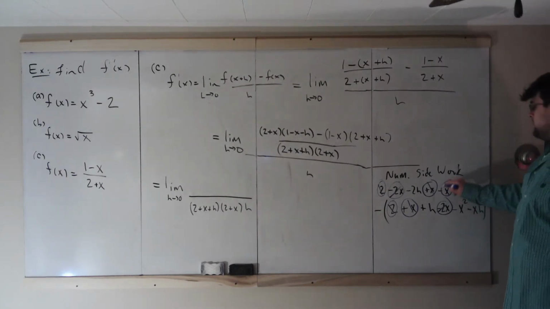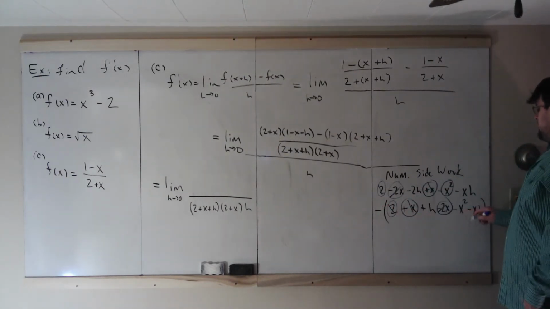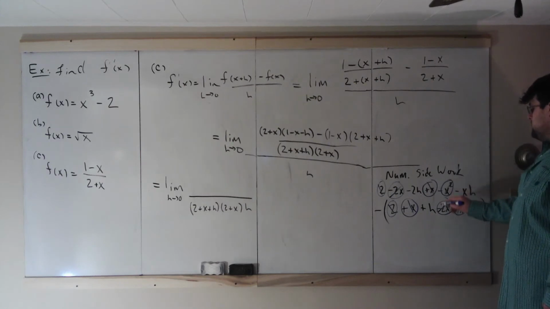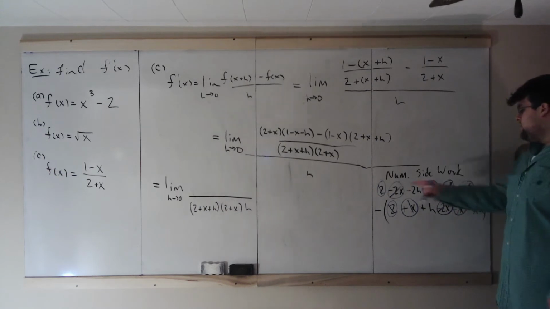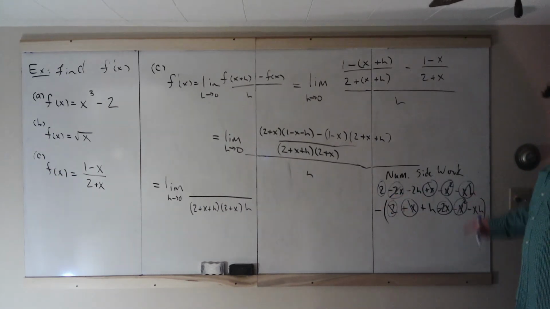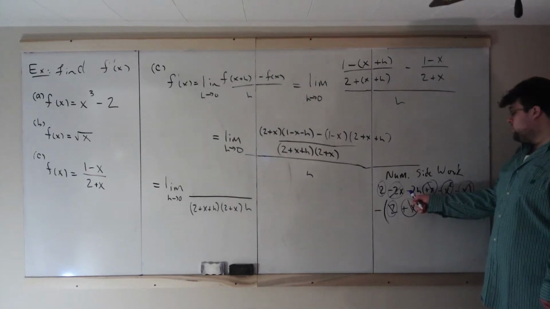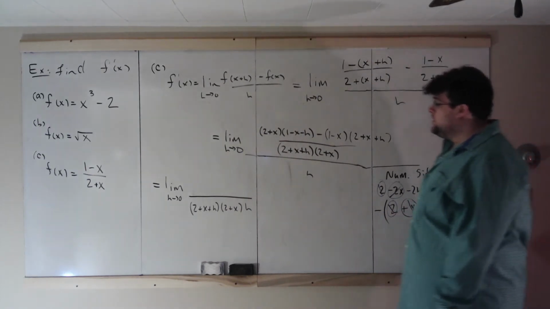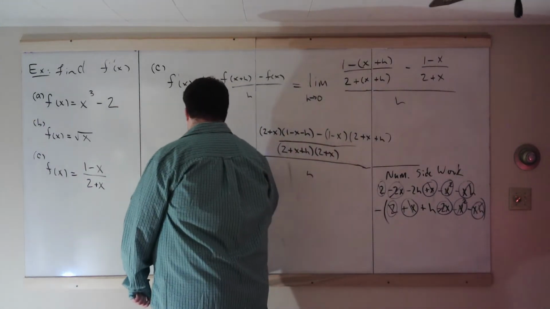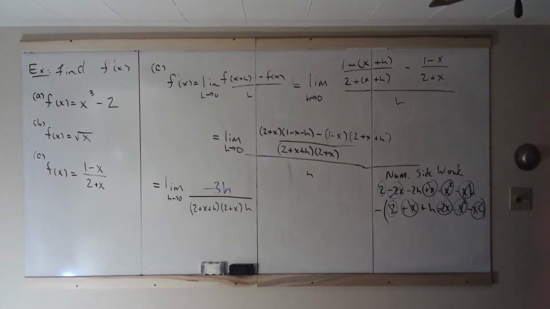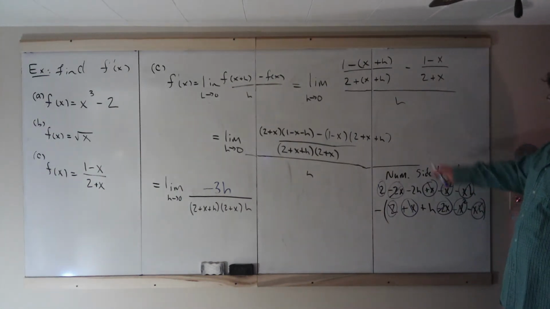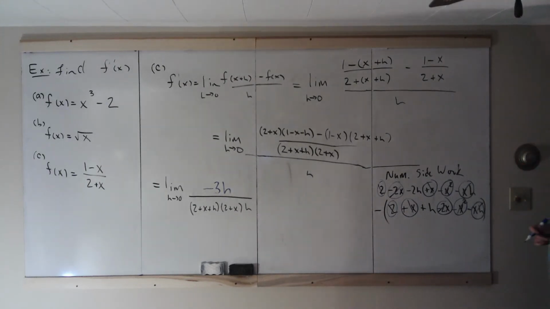Negative x squared, positive x squared, cancel. What else cancels? Negative xh, positive xh, cancel. Negative 2h minus h does not cancel, but it does make a negative 3h. So that entire numerator simplified, the entire top of the numerator simplified to just negative 3h.